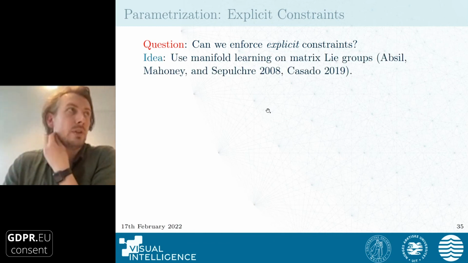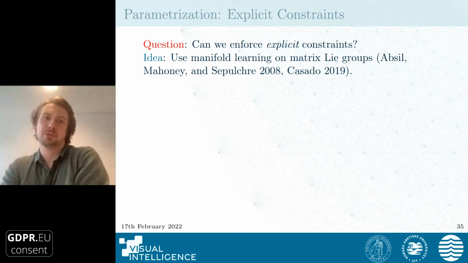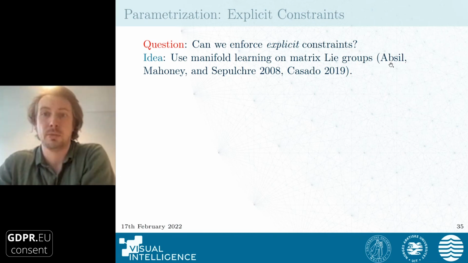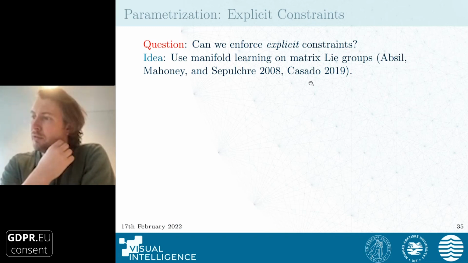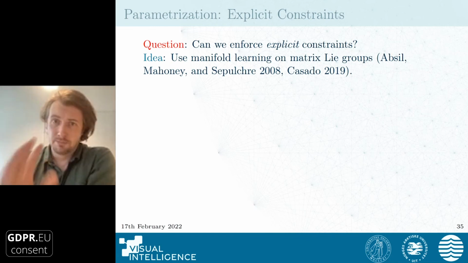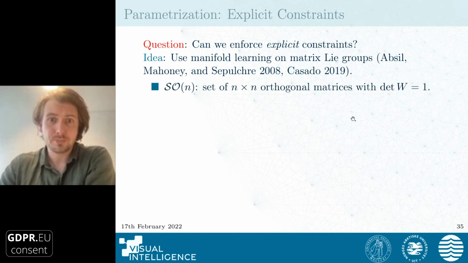What we did was use what's called matrix manifold learning on Lie groups. There's a really good source of information on this topic by Absil, Mahony, and Sepulchre. In addition, Casado has written a really good paper on how to do this in neural networks, and a lot of this is based on that.